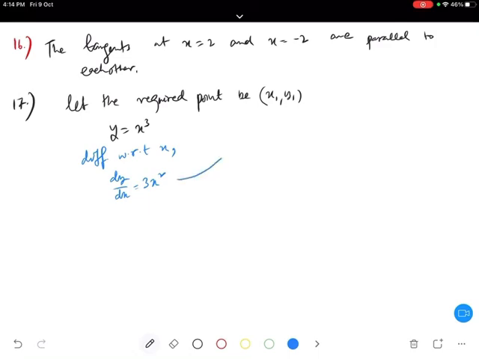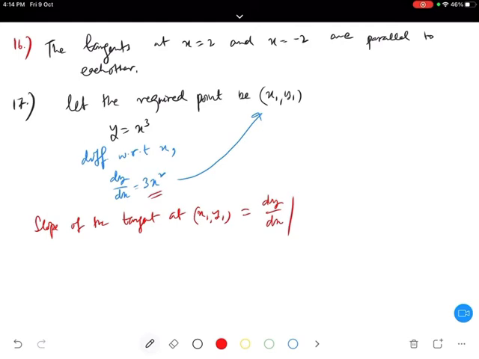So the slope of the tangent we got as 3x squared, but this slope has to be found at the required point x1, y1. So x will be replaced by x1, and I get the slope of the tangent as 3x1 squared. But they have told me the slope of the tangent is equal to the y coordinate.